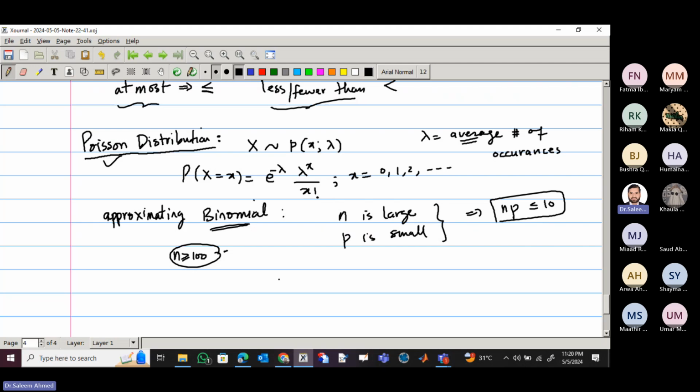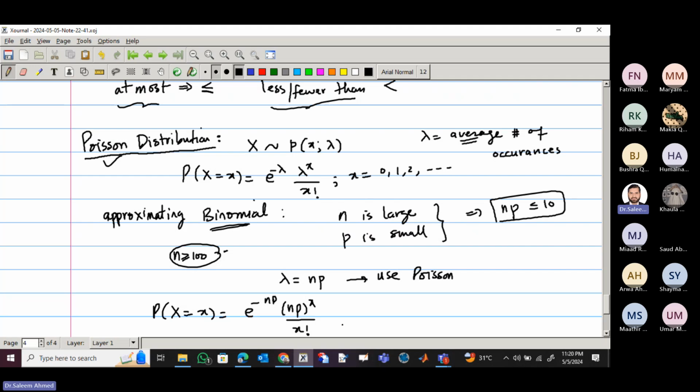The same question. I know that lambda is the mean of Poisson and the mean of binomial is np. So we multiply n with p and call it lambda, and then we use Poisson for the binomial case. The probability using Poisson will become e to the power minus lambda, lambda to the power x by x factorial.